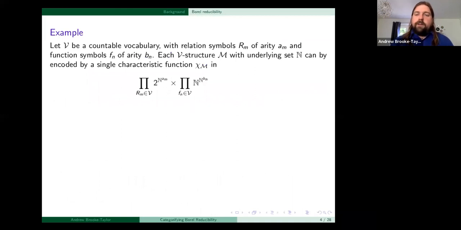And so this has been used to great effect, giving important unclassifiability results in ergodic theory, C-star algebras. So it's a really useful tool. Before I go any further, I want to give a really important example of this, and that is with first order structures and first order logic.